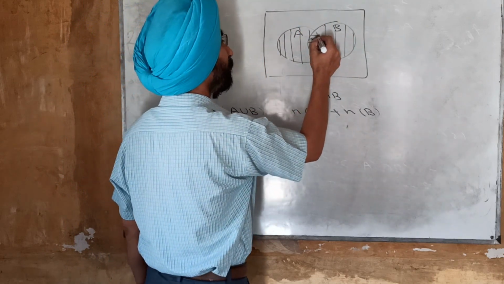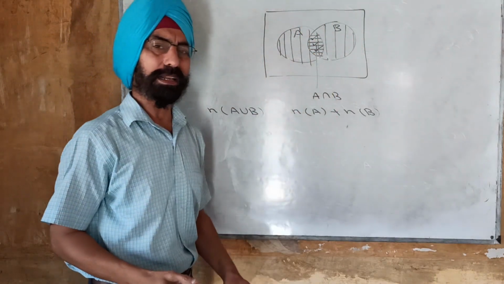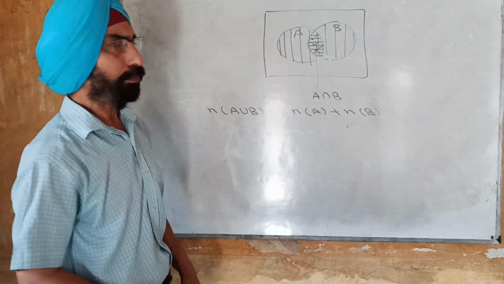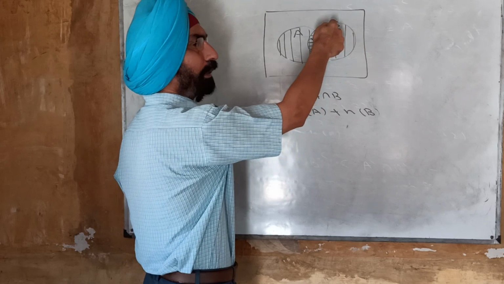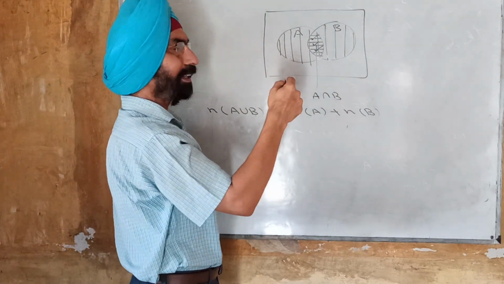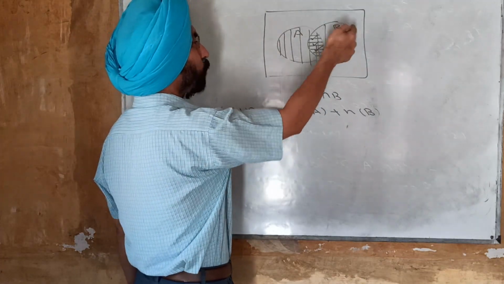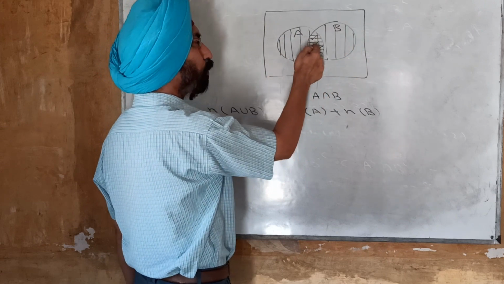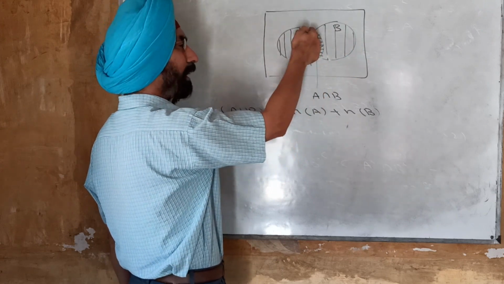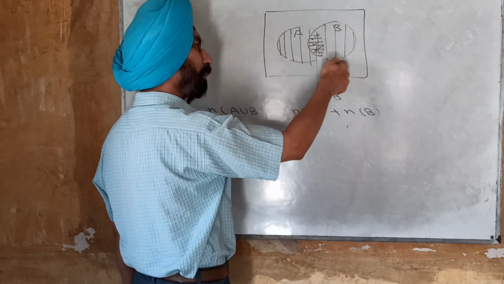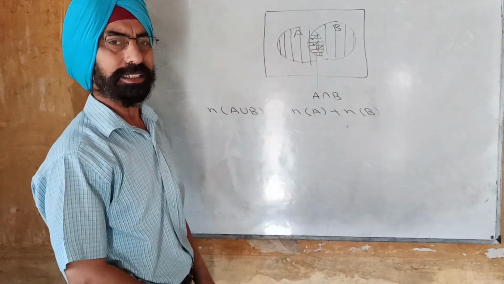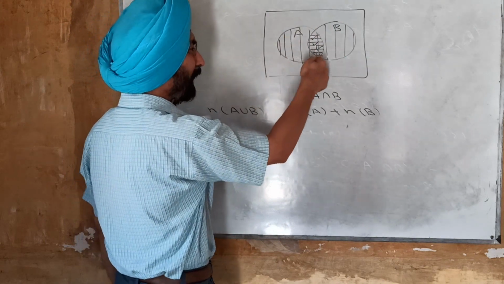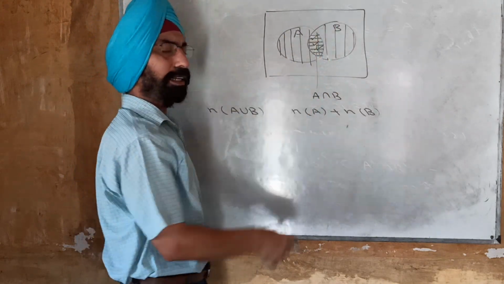Well, you will add the number of elements in A to the number of elements in B. This portion will be coming there twice, because this portion belongs to A as well as B. This portion will be in the number of elements of A and this portion will also be there in the number of elements of B. So this portion will be counted twice. But in the union of A and B, this portion is only once.